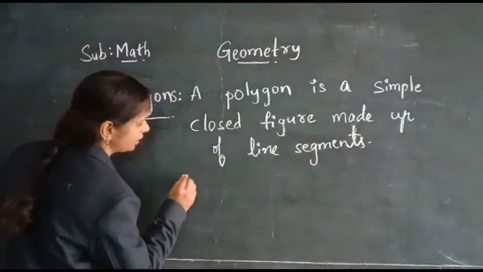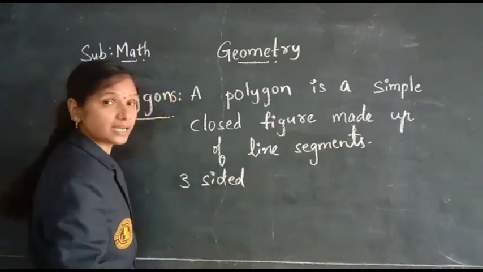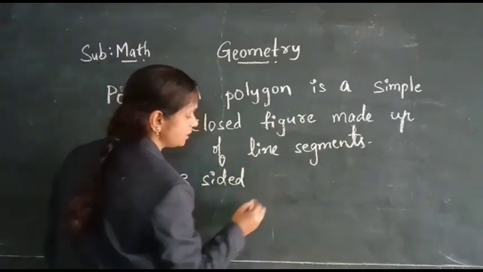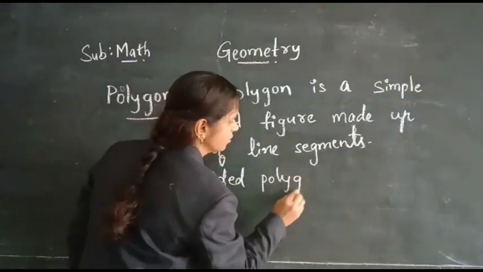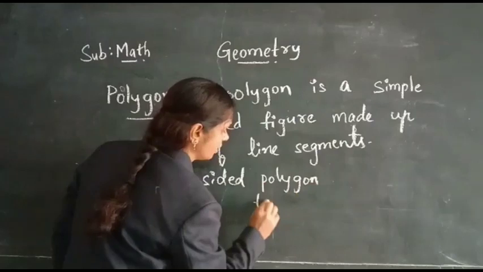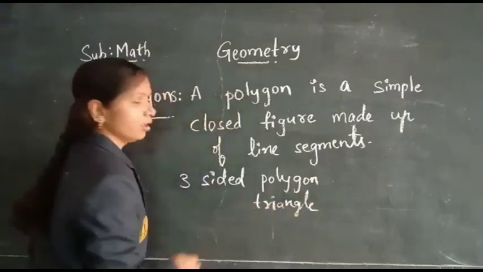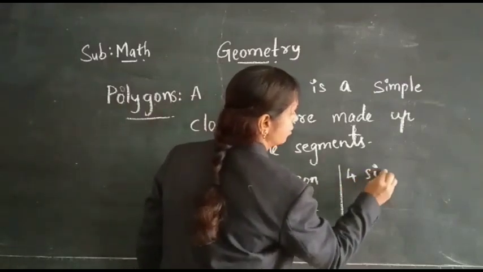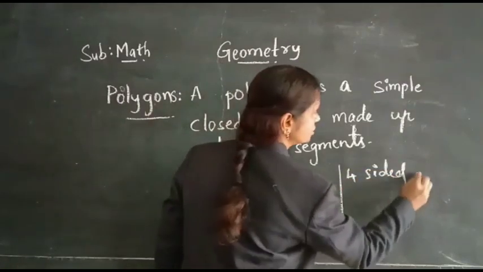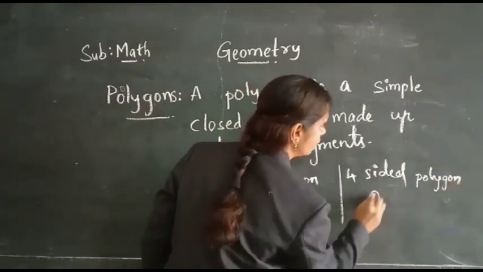For example, a three-sided closed figure, a three-sided polygon, is a triangle. A four-sided polygon is a quadrilateral.